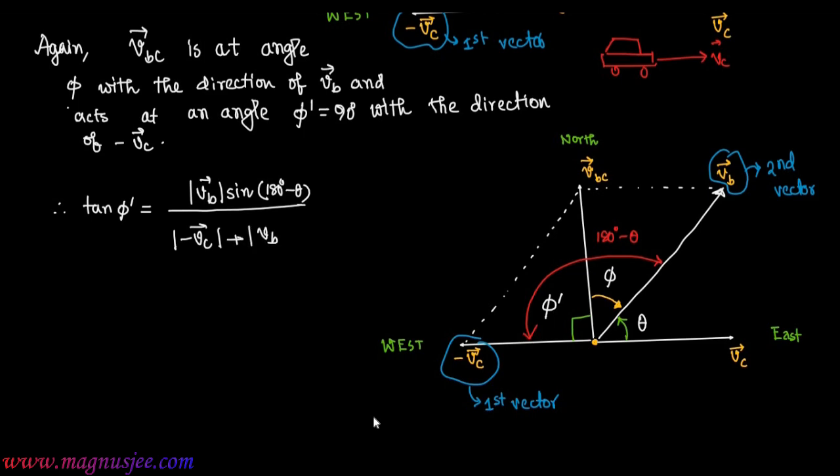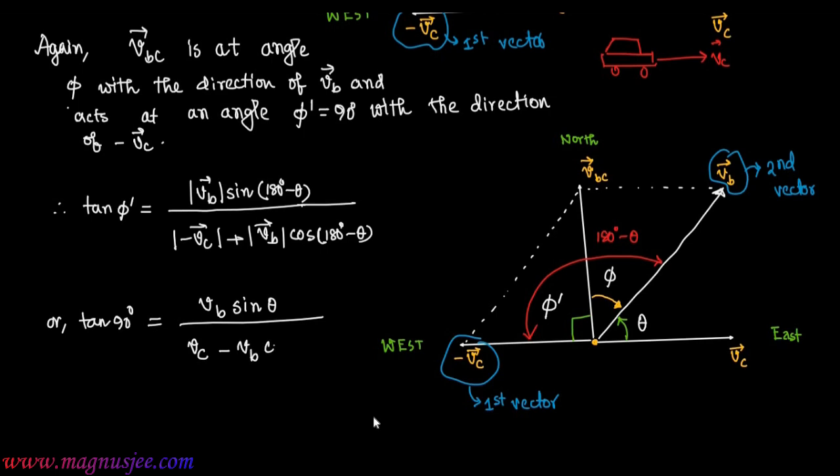Or, tan phi dash, or tan 90 degree, is equal to VB sin theta divided by, we know that mod minus vector VC is only VC, we are considering the magnitude only, minus VB cos theta. Or, infinity equals VB sin theta divided by VC minus VB cos theta.